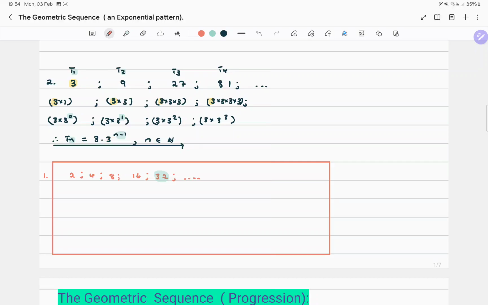So what do we see here? Now, since we saw that we had a common multiplier of 2, this means 4 over 2 was equal to 2. And we can see that essentially 8 over 4 also gave us 2. And we can even see, 16 over 8 gave us 2.